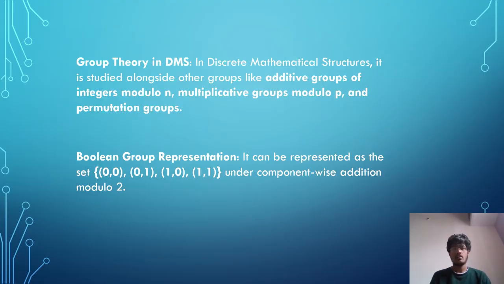These are the binary numbers of a set under the component-wise addition modulo 2. Here we use modulo 2 because it is a two-variable binary set, that is 0,0, 0,1, 1,0, as well as 1,1.